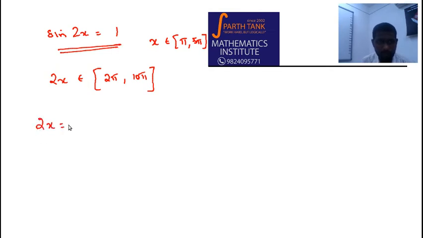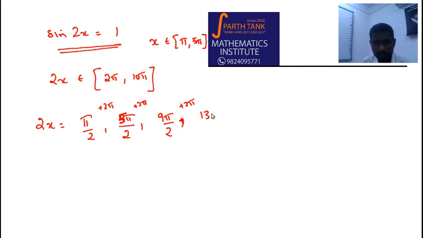If sin 2x is 1, now 2x has to be pi by 2, plus 2 pi, 5 pi by 2, plus 2 pi, 9 pi by 2, plus 2 pi, 13 pi by 2, plus 2 pi, 17 pi by 2, another 2 pi, 21 pi by 2, and so on.